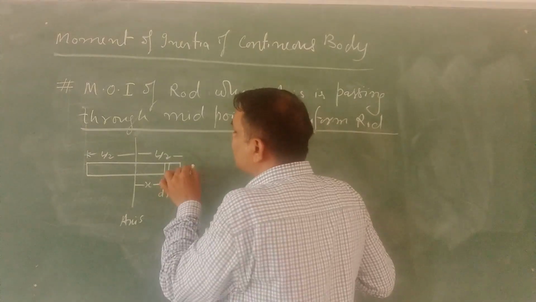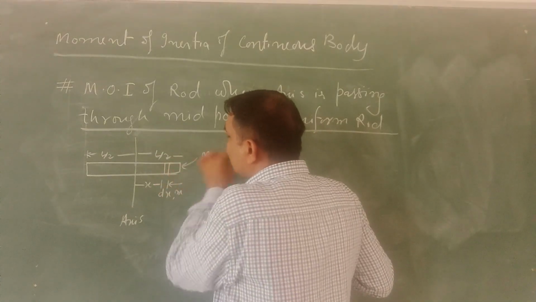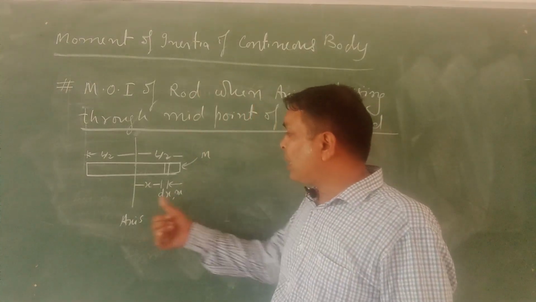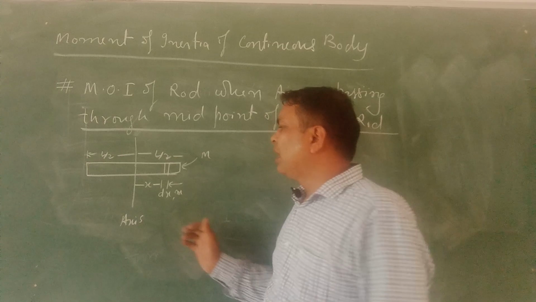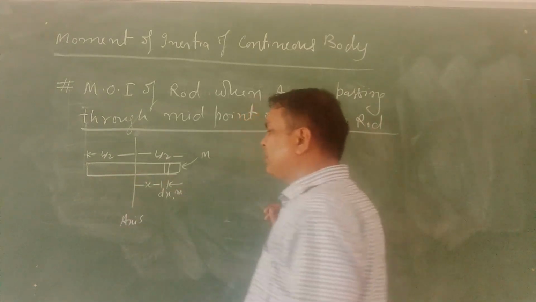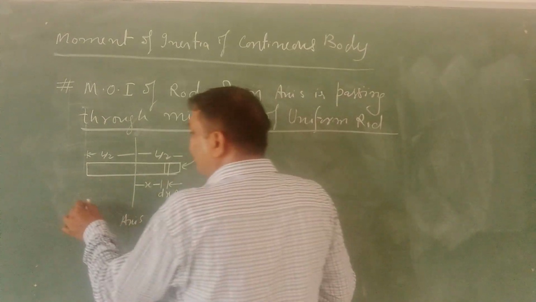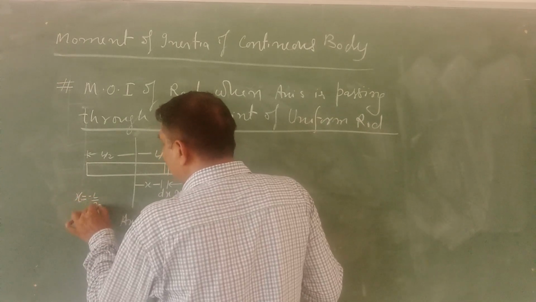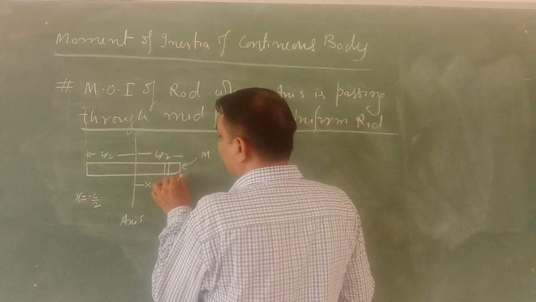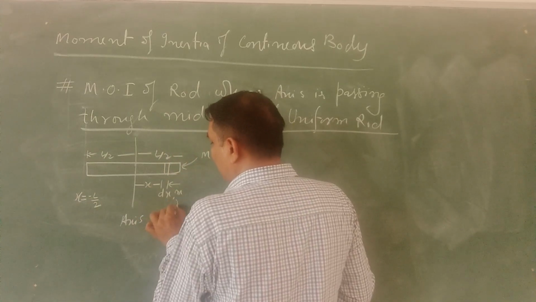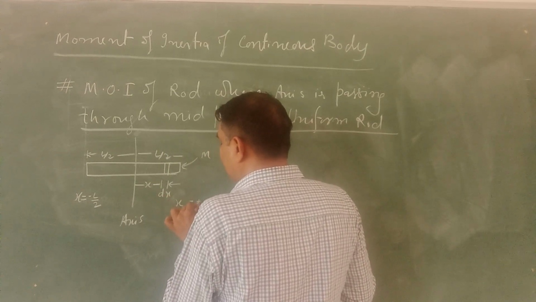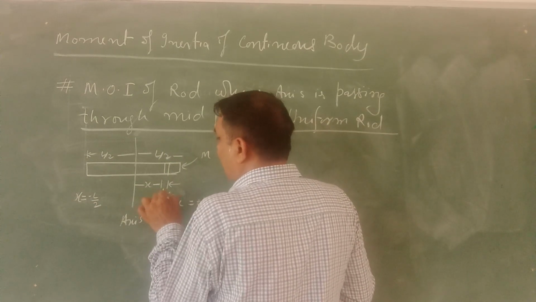And the total mass of the rod is M. We consider the right side portion as positive length and the left side portion as negative length. So the value of x here is minus L by 2 and here x equals plus L by 2.